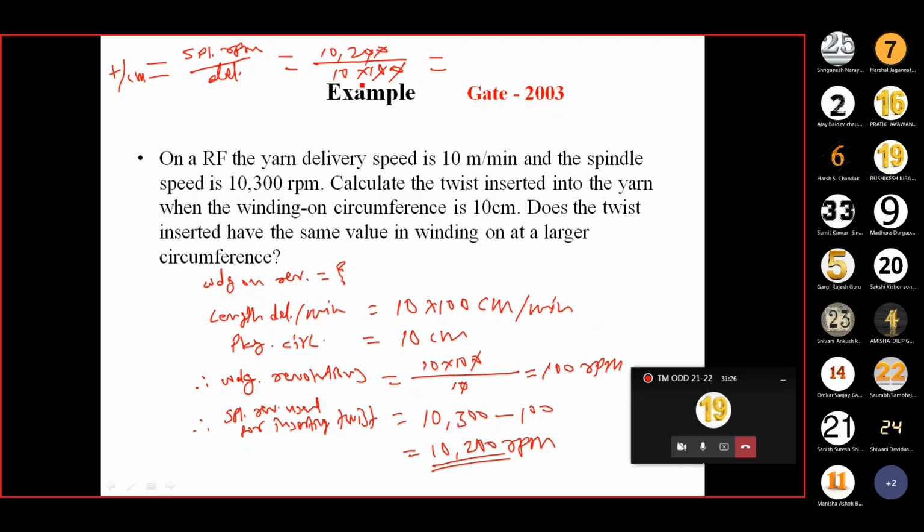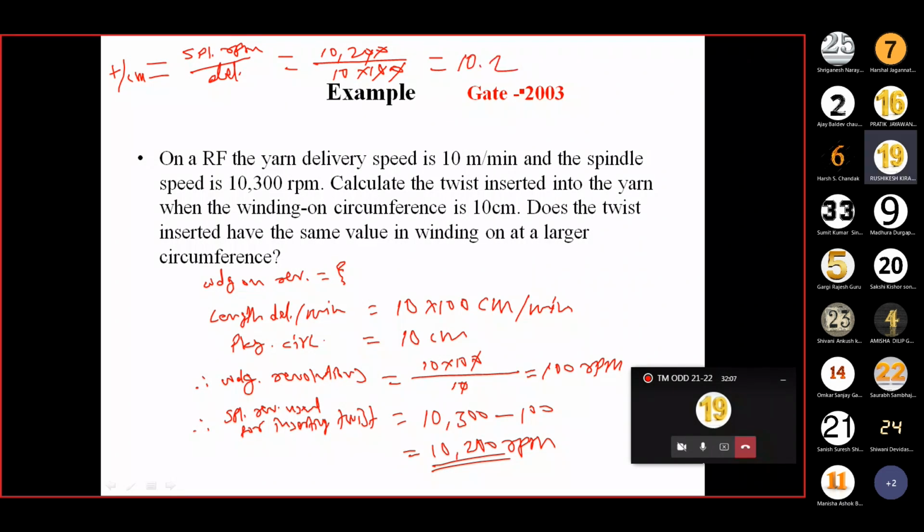So how much is the answer? Tell me the answer, don't message. 10.2.